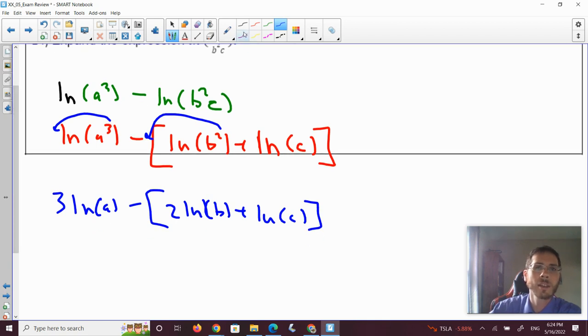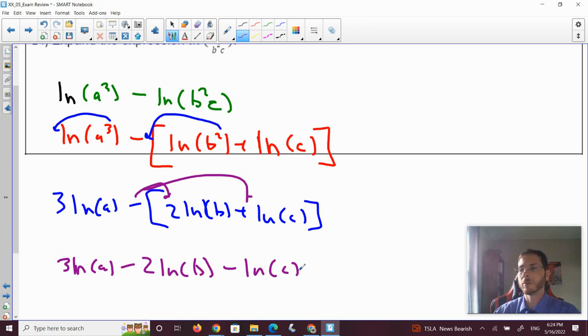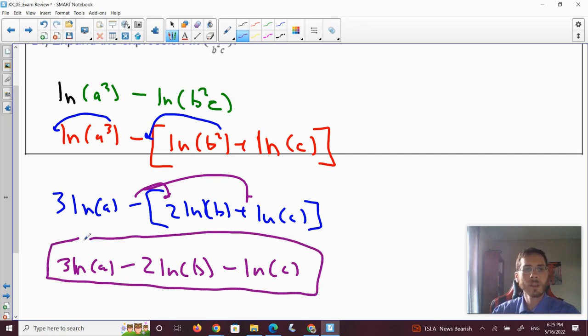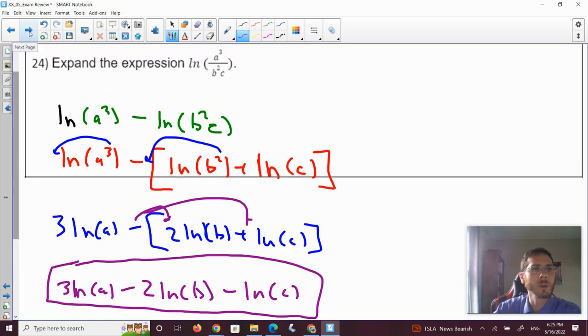I have a negative sign, 3 ln of a minus 2 ln of b minus ln of c. And that's going to be my final result. So that looks pretty good. Again, we're just using all those rules for expansion for the logs. That's what we got for 24.